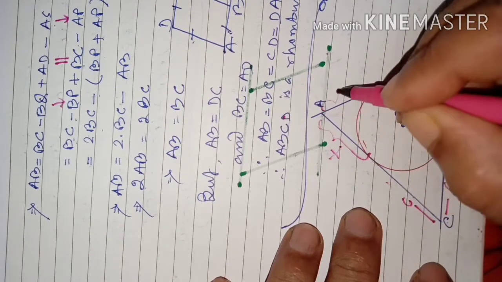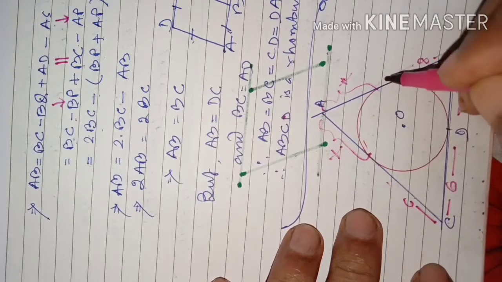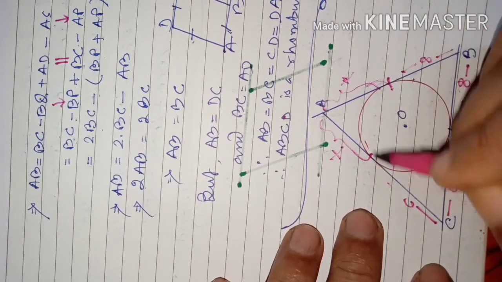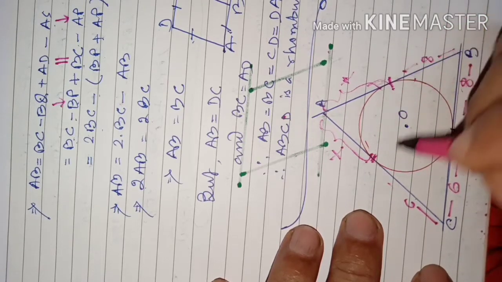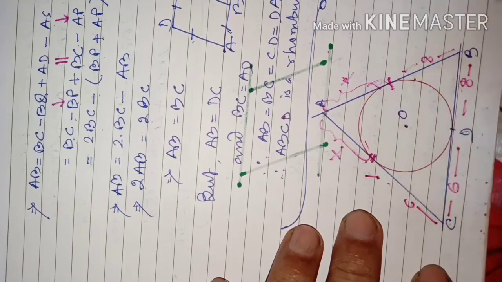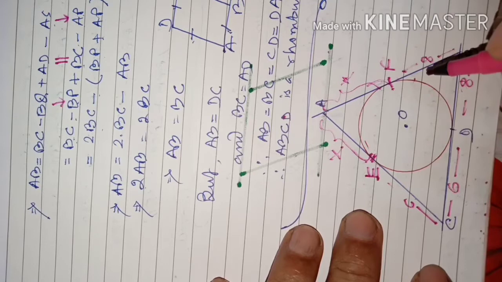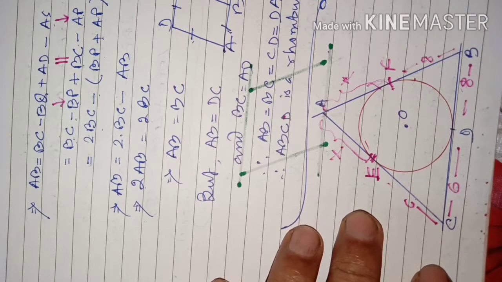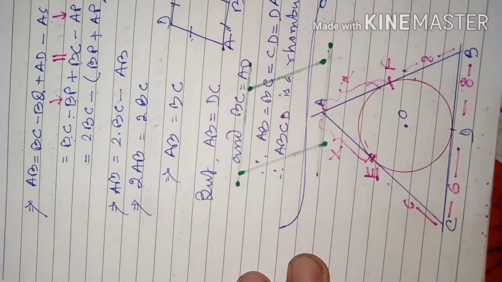Then this portion also will be equal to x only. So we have to give some names for our convenience. Let us say this is point E suppose, and this is point F suppose. So from diagram AE equal to AF equal to x, that we will write.